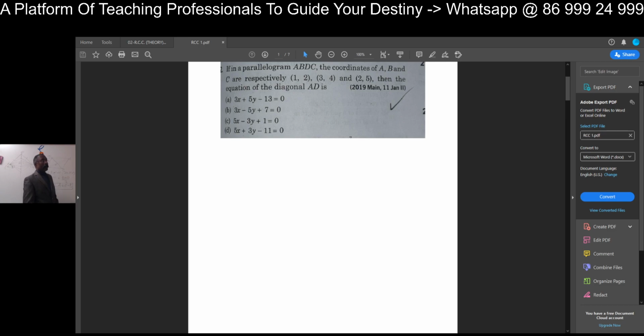Just find out the midpoint of one diagonal and substitute in the options. Which option is satisfied? Just check. That's it.